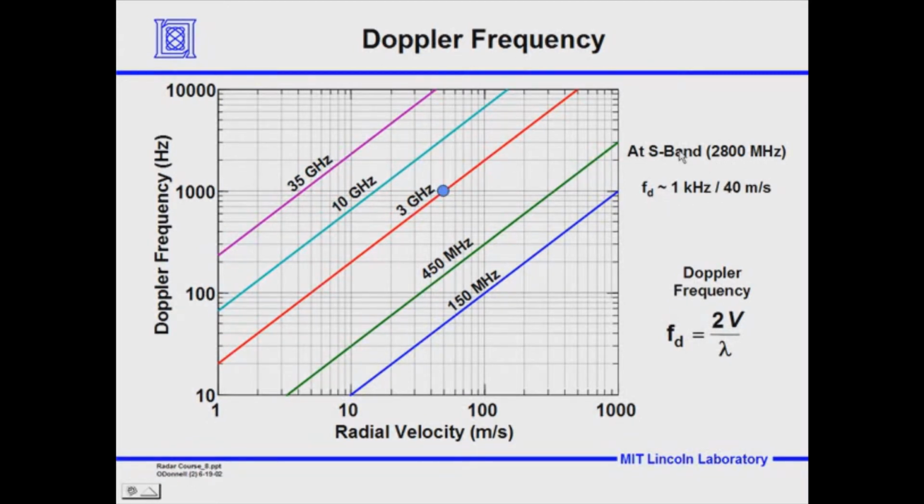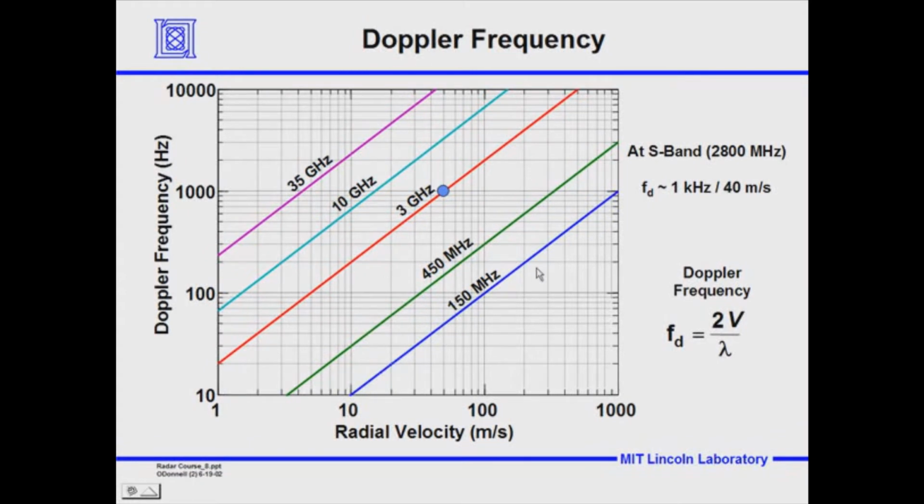And at S-band, according to this formula, the Doppler shift is about 1 kilohertz per 40 meters per second of radial velocity. Now, that's one data point, which is really the slope of a curve in Doppler frequency versus radial velocity. It's the one data point at S-band for each carrier frequency of the radar.